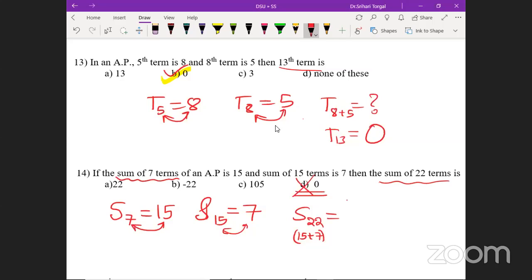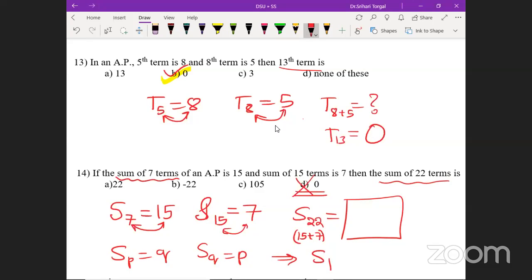I'll tell you a standard result: if S(p) is equal to Q and S(q) is equal to P, which implies S(p plus q) is equal to, you just change the sign of the term. If it is 22nd term, just change the sign. That will give you the sum of 22 terms. Answer is option B.